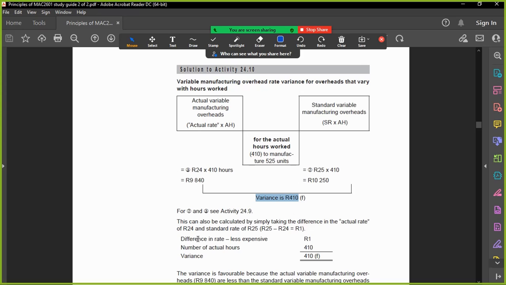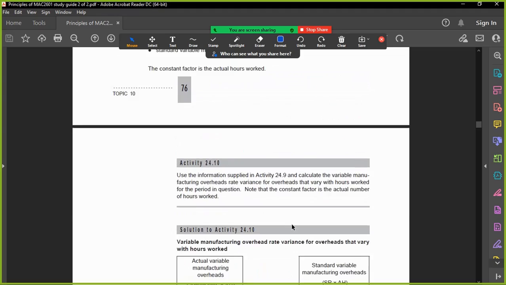Okay, because of that 1 Rand difference. See, they've even shown it here. Because of the actual hours being 410, there's going to be an additional 410 Rand variance. That's actually part of a recon almost, because you're trying to reconcile what you had here.